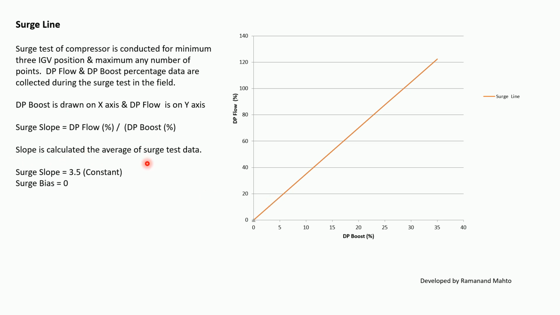Slope is calculated using the average surge test data. As an example, the surge slope is 3.5, and surge bias is 0. In this logic, always the surge bias is 0 and surge slope of 3.5 is an example. It can be any number.